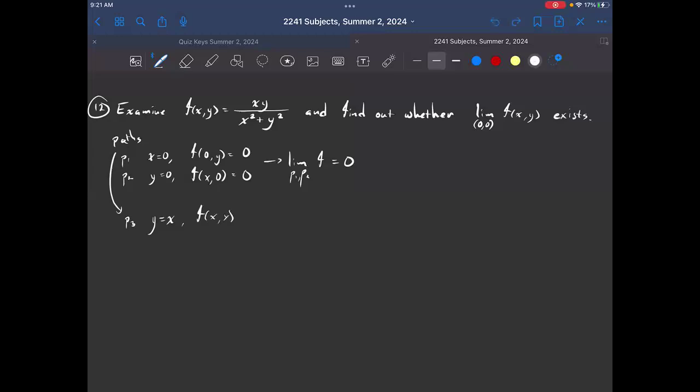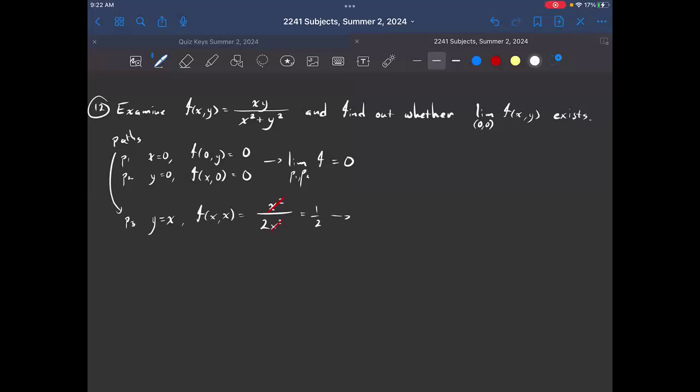Let's see what happens there. x comma x gives us x squared in the numerator and 2x squared in the denominator. Now we get that cancellation that we had before, and this function ends up being just equal to 1/2 everywhere except 0.